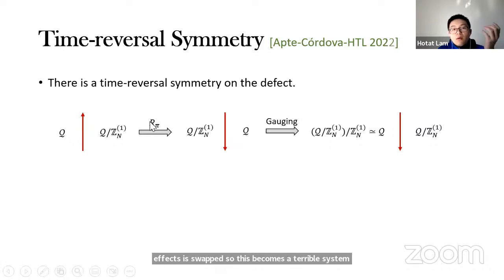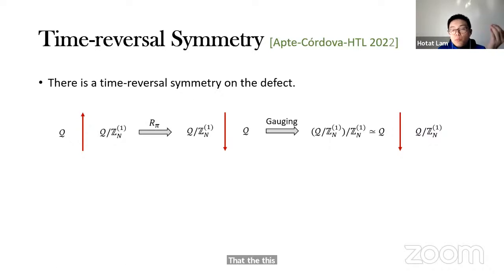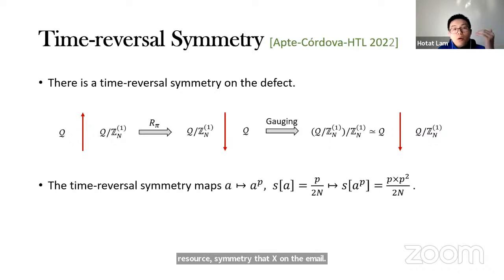And now we see that this time reversal symmetry is precisely a time reversal symmetry that acts on the minimal TQFTs. How does it act? We can keep track of how the ZN symmetry defect in the bulk, how the surface ends on the lines. On the left-hand side, it ends on A. On the right-hand side, it ends on A to the power P. So if we do a time reversal transformation, then the action on the minimal TQFT has to map A to the power P. In particular, we can keep track of how the spin changes.